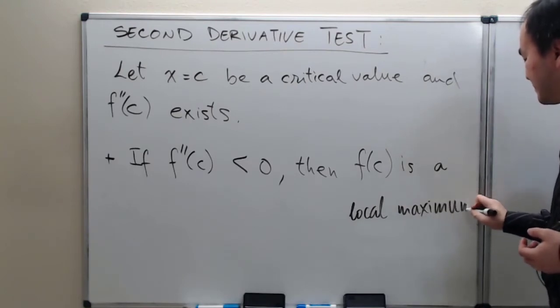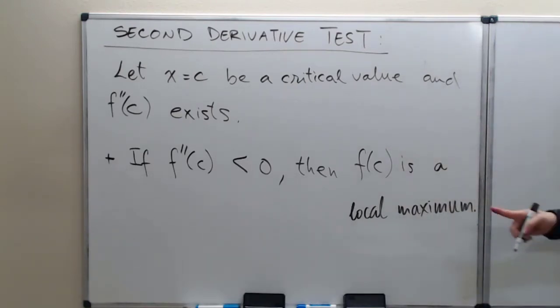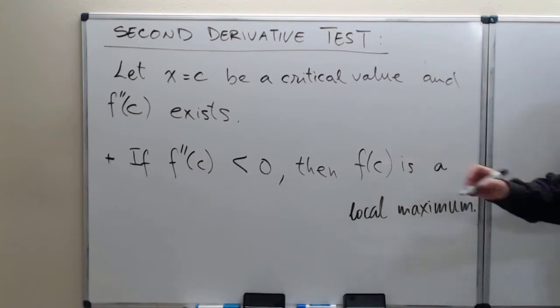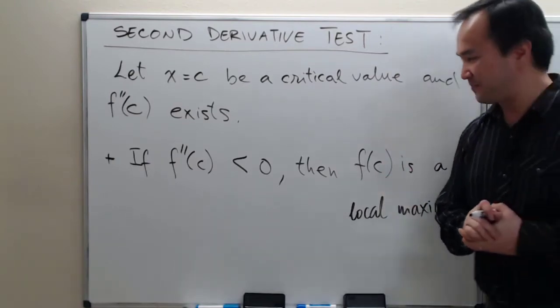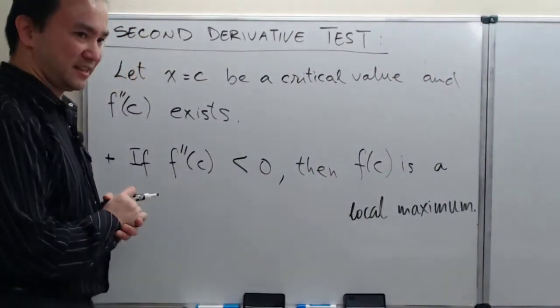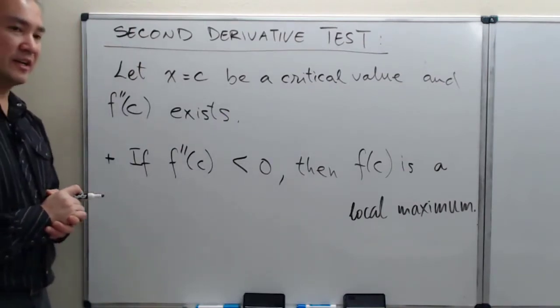Or another way of saying, we get a local maximum at x equals c in our function. And that's one case right here. It's the second derivative test.